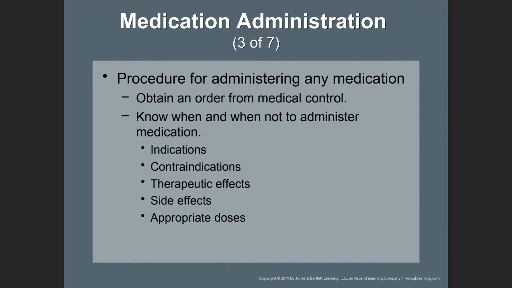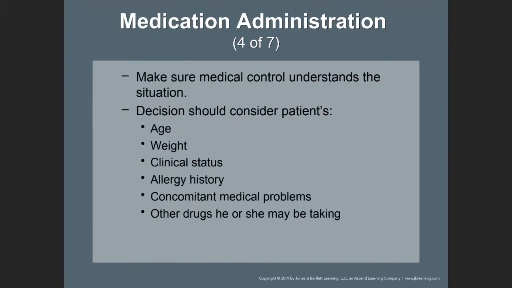You should know what the side effects of the medication being given are, and you must be familiar with the appropriate dose, and if necessary, you should know how to calculate that dose if required. Make sure medical control understands the situation.